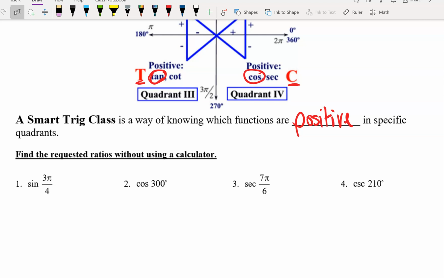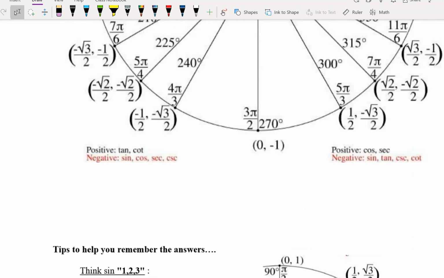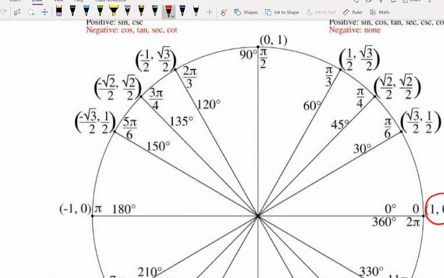So now we are going to use our knowledge of the unit circle and a smart trig class to figure out what the value of sine of 3 pi over 4 is without using our calculator. So all you have to do is go to 3 pi over 4 in the unit circle, which is going to be here, and then we go to our y coordinate because sine is your y coordinate, cosine is your x coordinate.